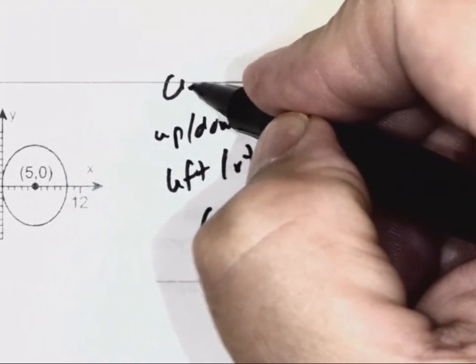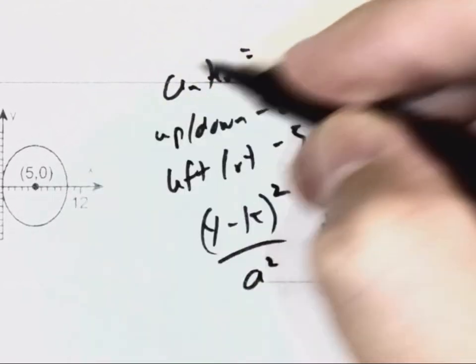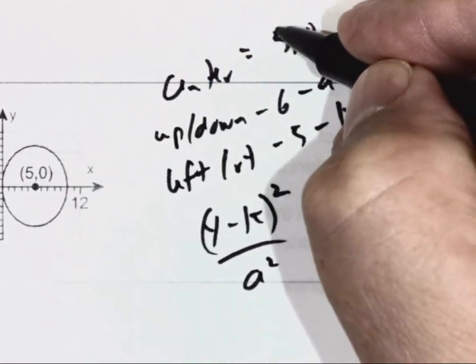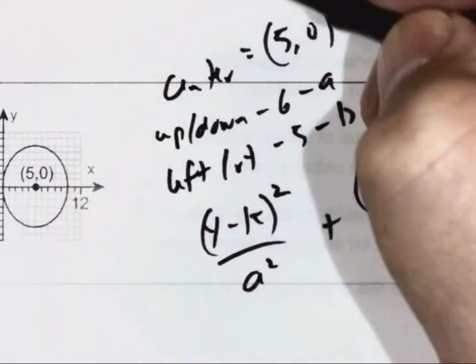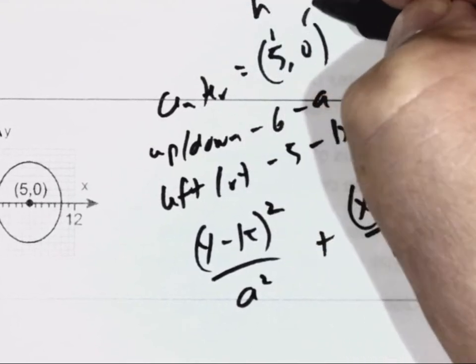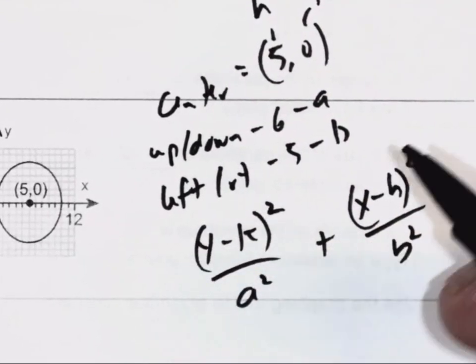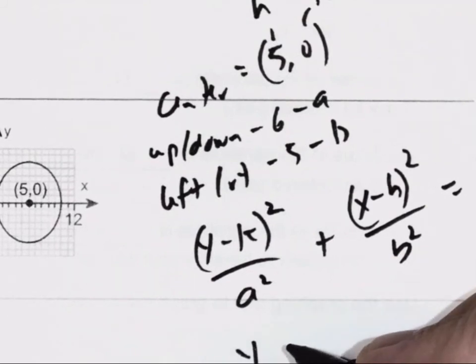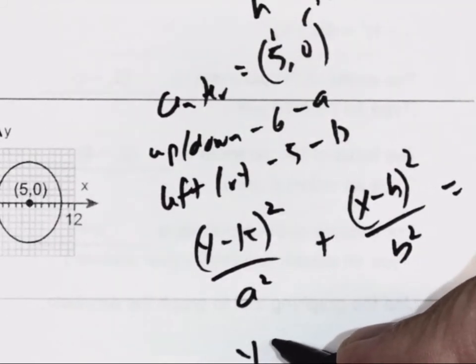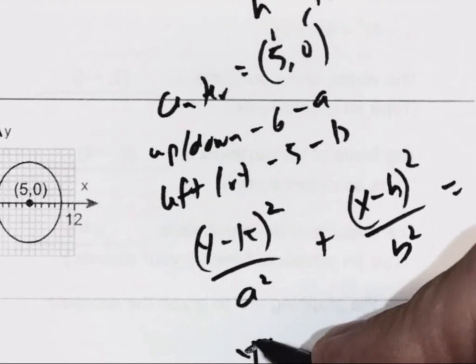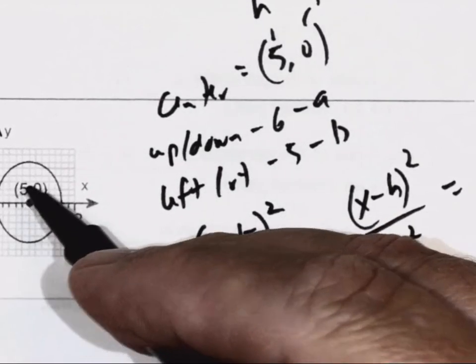Now the center is 5, 0. 5 is like your h, 0 is like the k. So it's going to be, whoops, that's actually x.